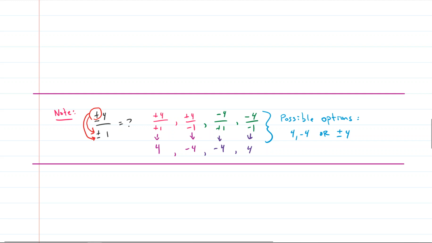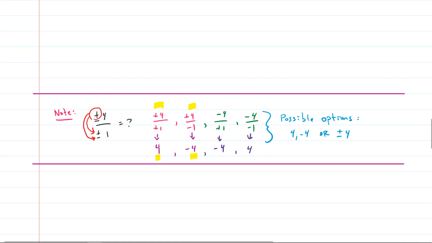So positive 4 with positive 1 gives me this first one, positive 4 over positive 1. And that gives me what? 4. The positive 4 and the negative 1 give me the second option, and when you do the division, that gives you negative 4.